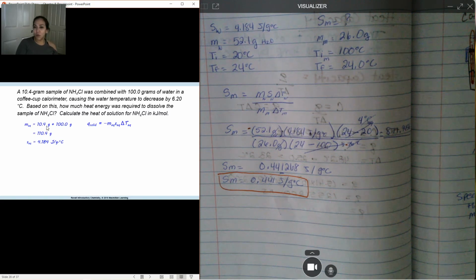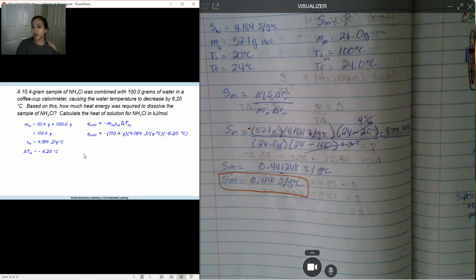This is our ammonium chloride plus our water combined together, and it gives us this mass right here, 110.4 grams. Because the solution is mostly water, you're going to use the specific heat capacity of water. That's because it's mainly water, 100 grams of water. So the change in temperature of the aqueous solution is minus 6.2 degrees Celsius. That's our change in temperature.